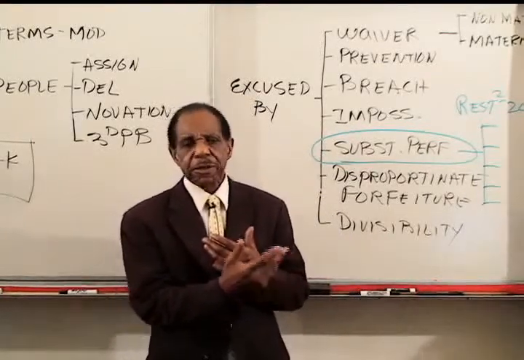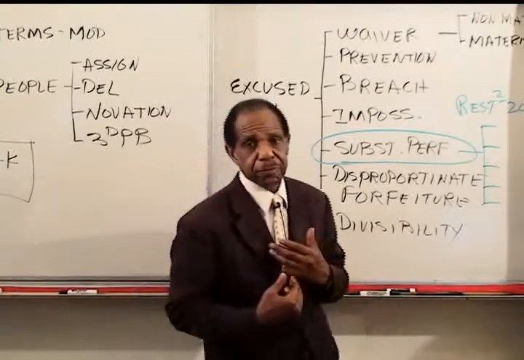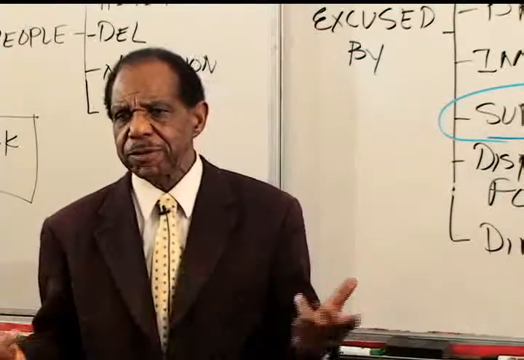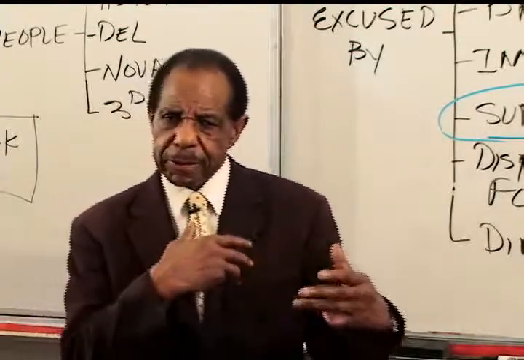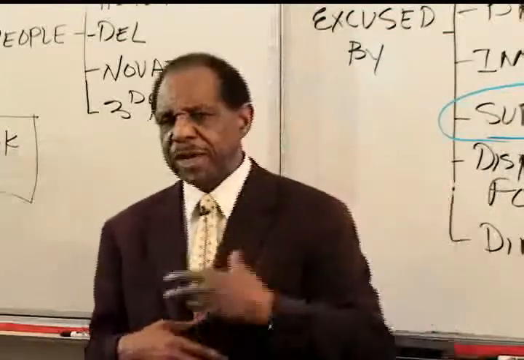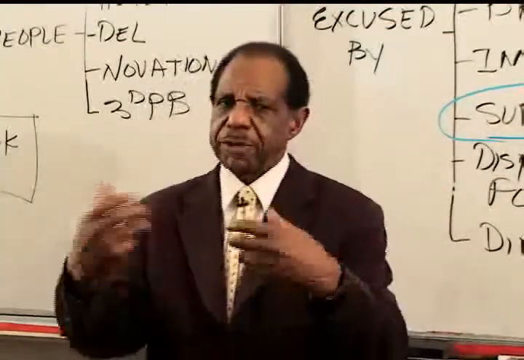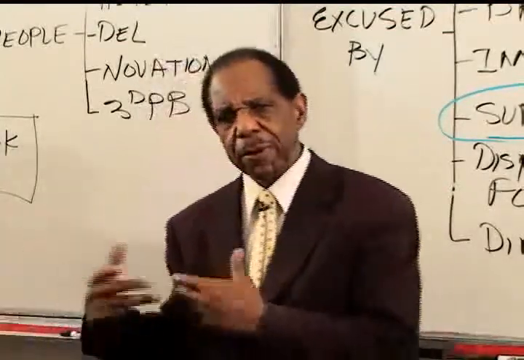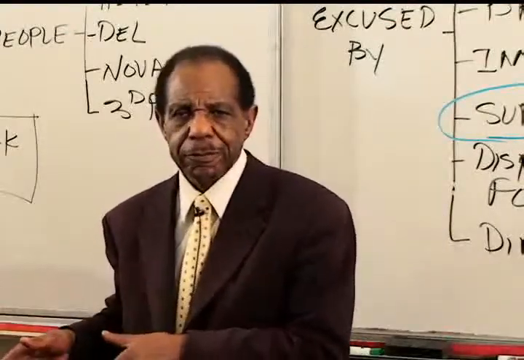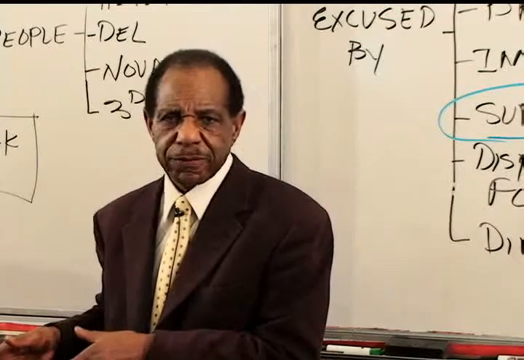For example, you might have bought 1 month of coal from me because that has value by itself instead of 15. So if you have 15 deliveries, you have a number of performances. I perform, you give the counter performance. I perform, you give the counter performance. If the problem can be broken up in that way and each performance has its own separate value, then you can treat that as a divisible contract.